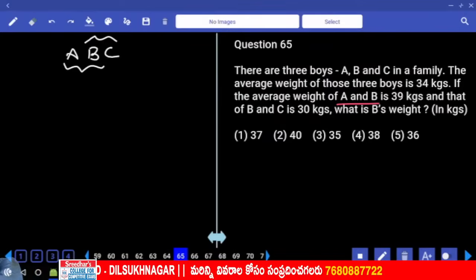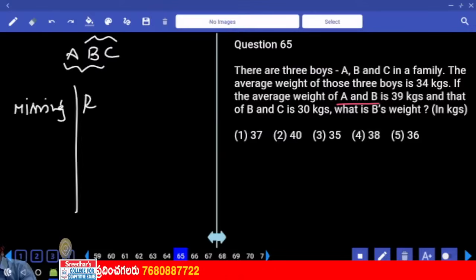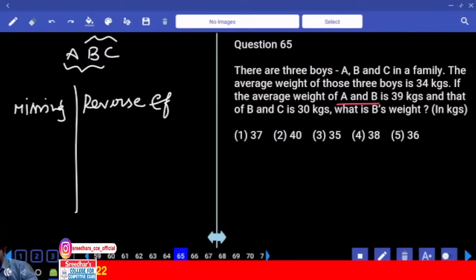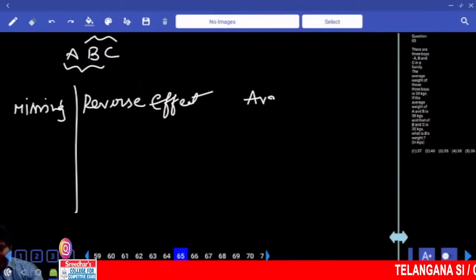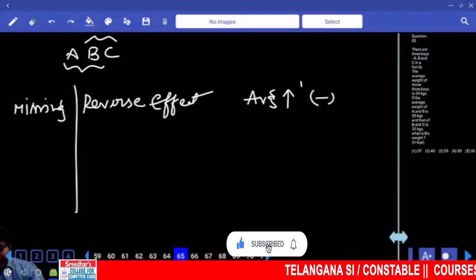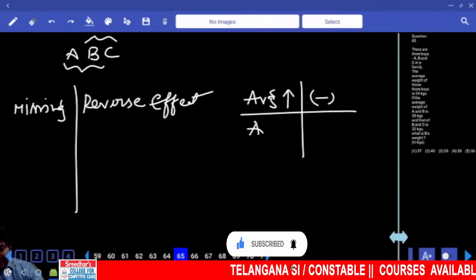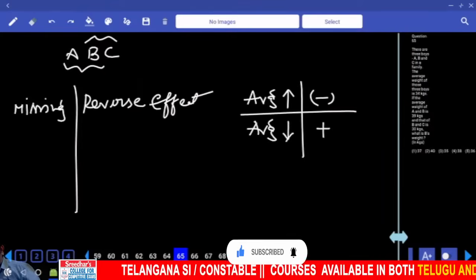Yesterday or day before yesterday, I think we have covered missing case. If it is number missing case, what did we use? Reverse effect. Reverse effect meaning if average is more, we will subtract. If average is less, we will add.